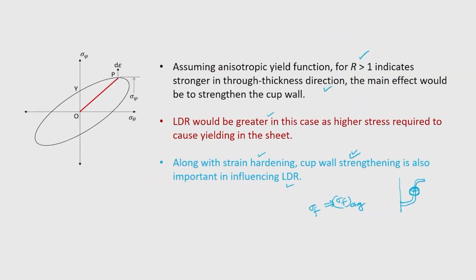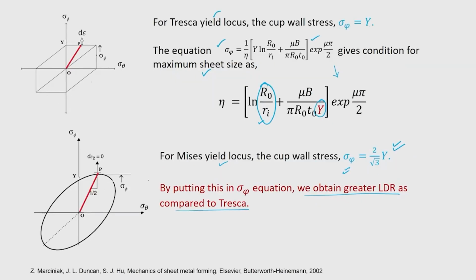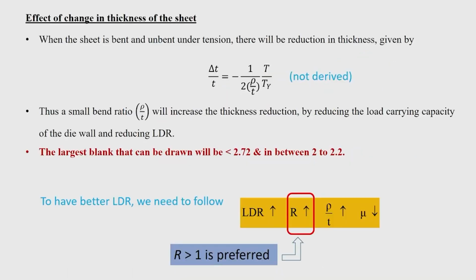For r greater than 1, if you have an anisotropic sheet and you bring that anisotropy into the model, then the LDR prediction would be accurate. LDR would be greater as compared to von Mises and Tresca. And von Mises, if you compare with Tresca, gives a greater LDR as compared to Tresca. That is the way it is.